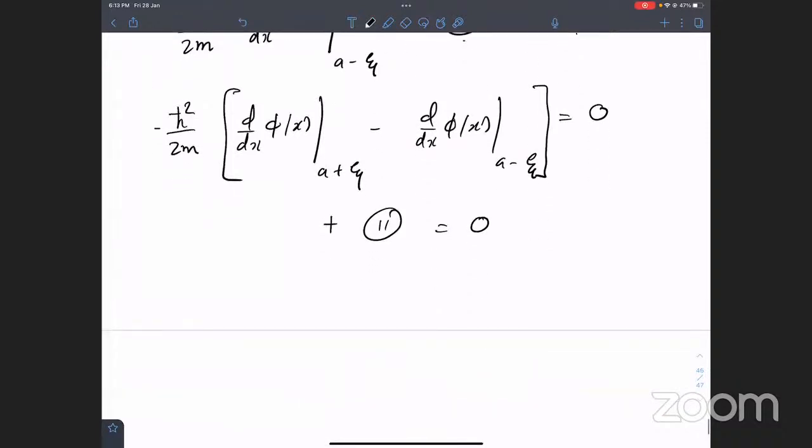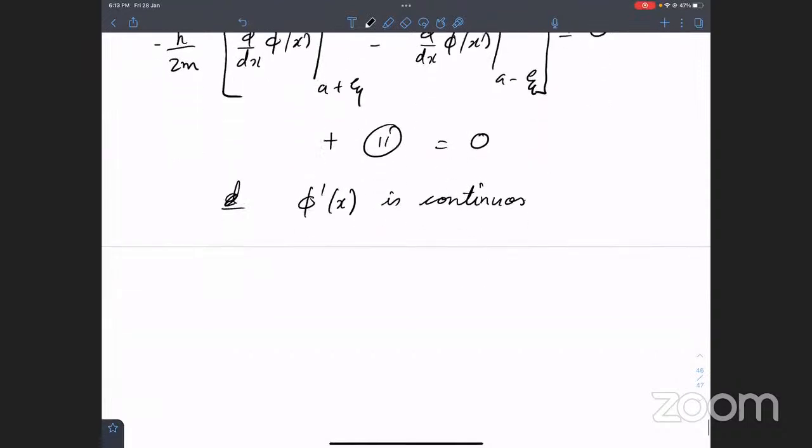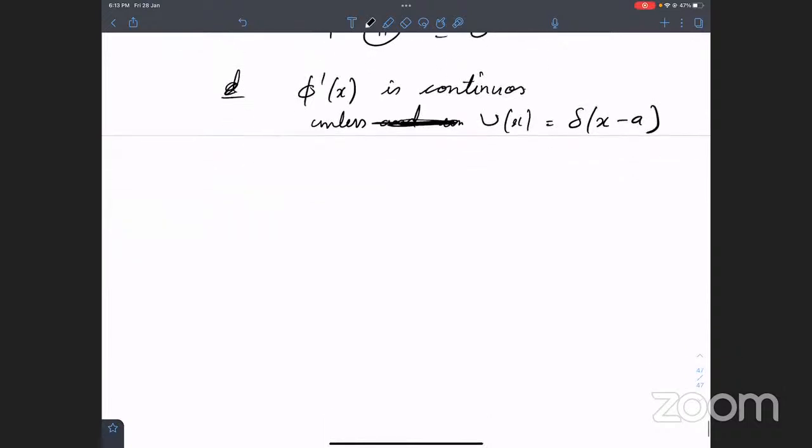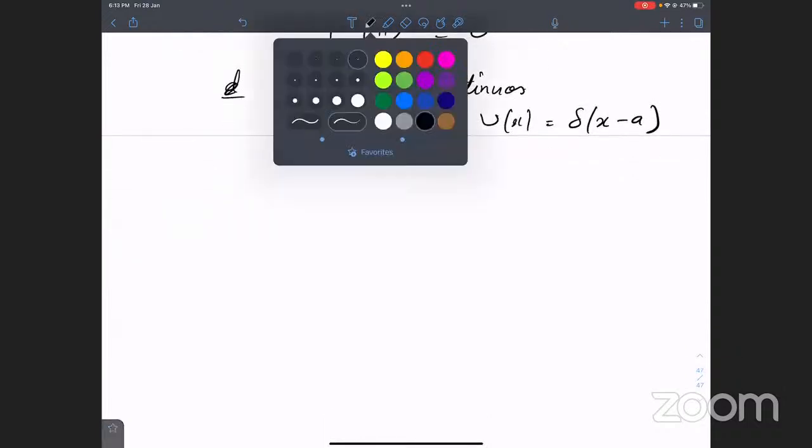And hence I conclude that the derivative of the wave function is continuous, unless u of x is delta of x minus a. Okay, fantastic. So this is where our idea comes in.